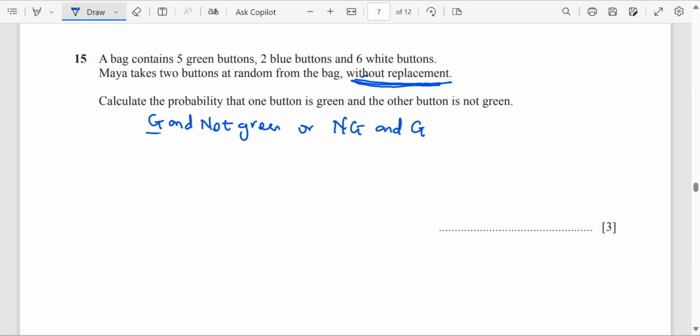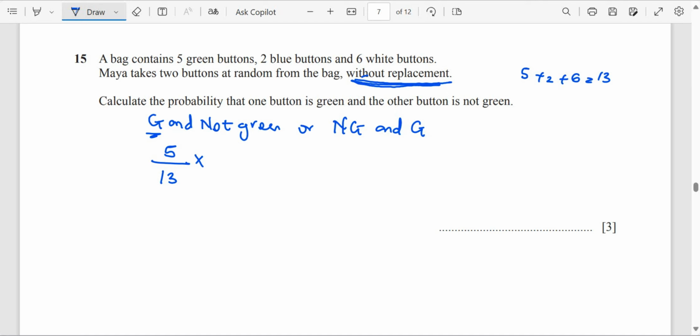So what's the probability of green? That will be 5 over, you need to get the total, 5 plus 2 plus 6. That is going to give us 7 plus 6, which is 13. So that's 5 over 13 multiplied by not green. Not green is going to give us what? How many do we have? 6 and 2 that are not green.